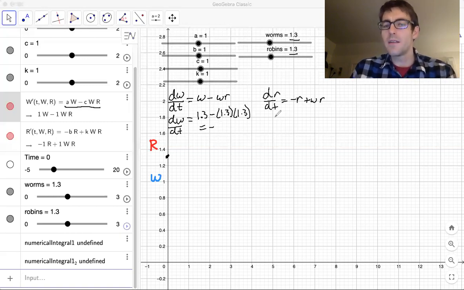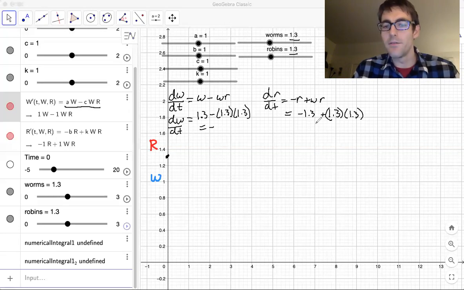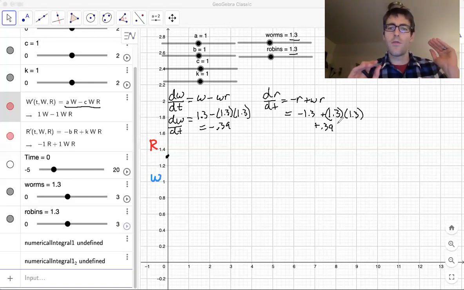Whereas on the flip side, our dR dt is going to be negative 1.3 plus 1.3 times 1.3, which I believe is 1.69. So this ends up being positive 0.39, I believe. In other words, the robin population should be increasing and the worm population should be decreasing.